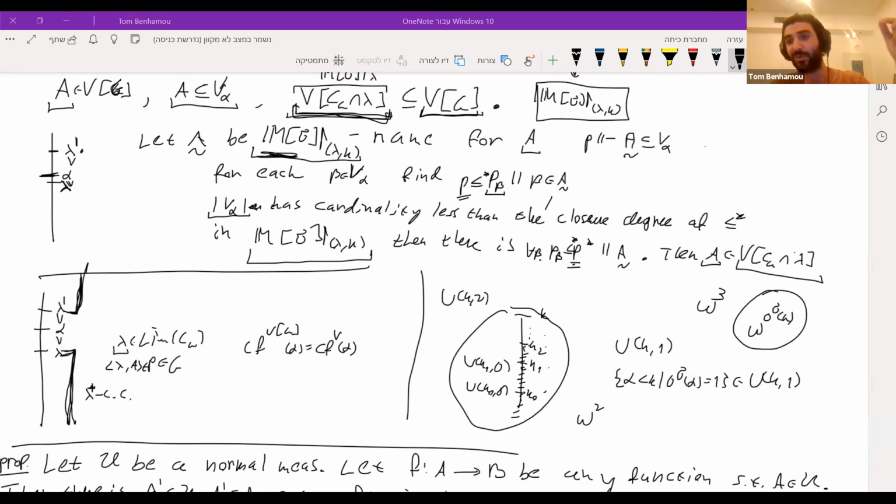So it must be of order n, which means it is a typical point from the measure U kappa n. And these are different n's. For every n, this is a different n. So we pick one point from each measure. So it is basically a diagonal Prikry sequence for the sequence of measures U kappa n, where you pick one point from each set which corresponds to an ultrafilter.